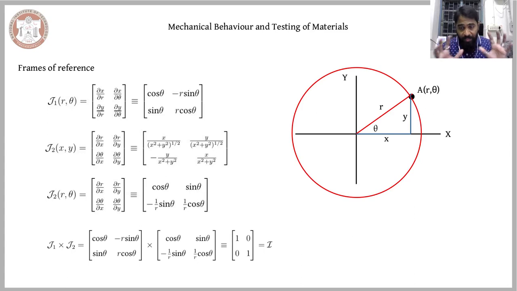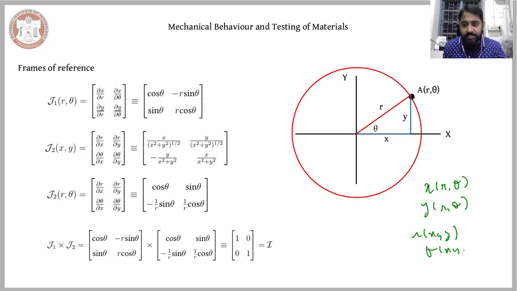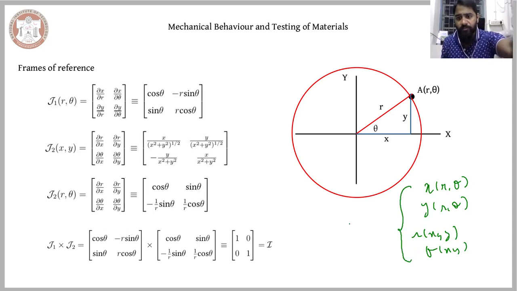Meaning, we were able to express x in terms of r and theta, y in terms of r and theta, and similarly r in terms of x and y, and theta in terms of x and y. Using these relations, we were able to prove these coordinate systems are inverse of one another.